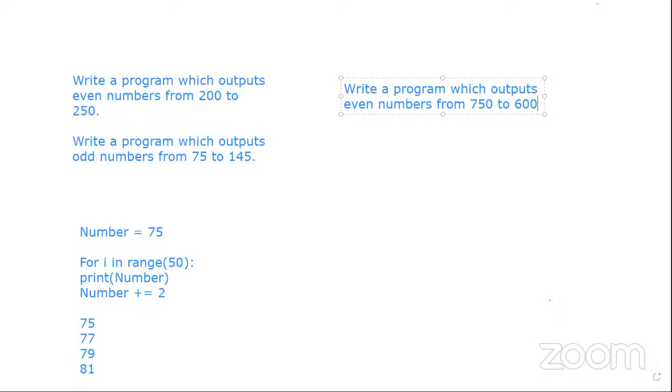Now, what I mean by this is that I want you guys to count down. So I want your number to start from 750, okay, and then count down all the even numbers all the way down to 600. And in order to do that, instead of doing number plus equals 2, I want you to do minus equals 2. So you're subtracting 2 from number each time.